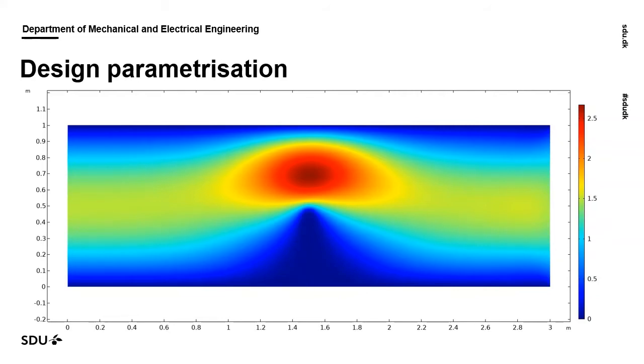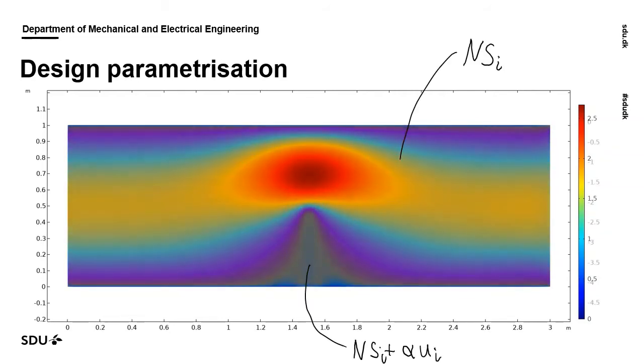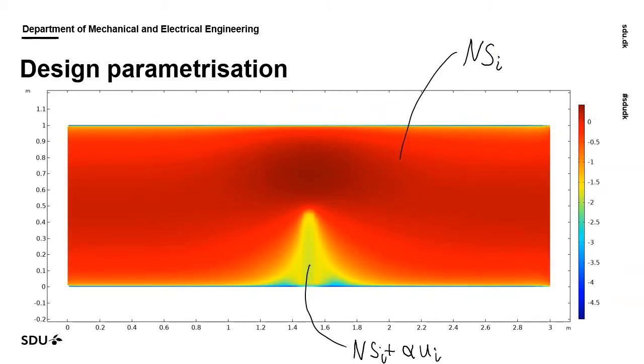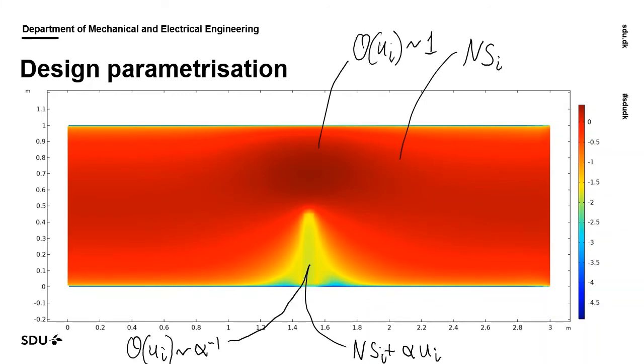Here we see it in non-dimensional units, but if we look at the log plot, we see that where we have pure Navier-Stokes flow, the order of magnitude of the velocity is 1, because we're doing non-dimensional things here. And inside the solid, where we have this penalty term, the velocity scale will be proportional to 1 over this alpha parameter. So by increasing alpha, we can drive down the velocities inside the solid.